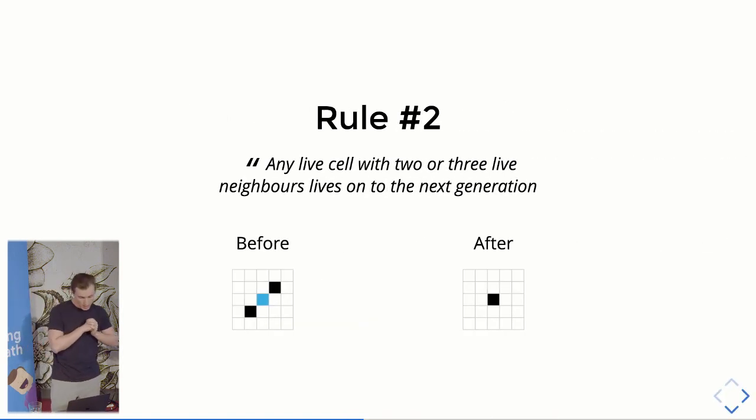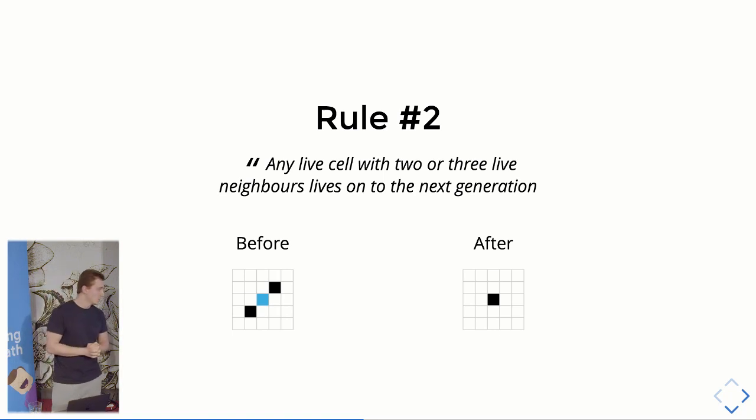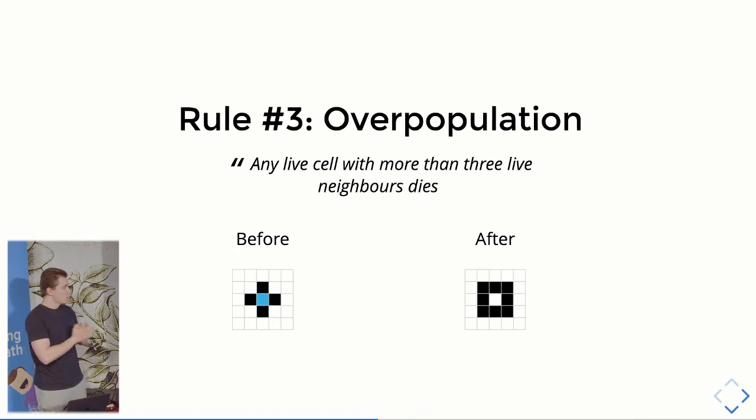Rule number 2: any live cell with 2 or 3 live neighbors lives on to the next generation. Speaking about the same example, that is why the live cell in the middle stays alive, because it had 2 neighbors in the previous generation. Rule number 3: overpopulation. Any live cell with more than 3 live neighbors dies.